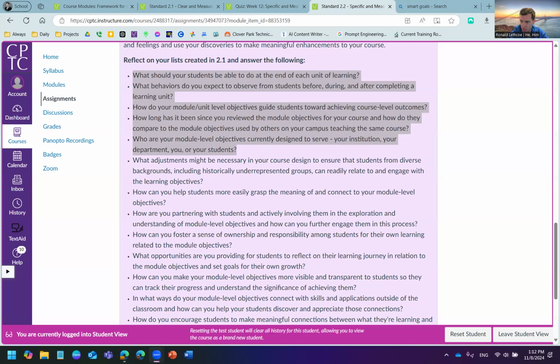So first question: what should your students be able to do at the end of each unit of learning? So I guess maybe pick a course, and we're looking at examples of, like I said, the objective of the lesson.